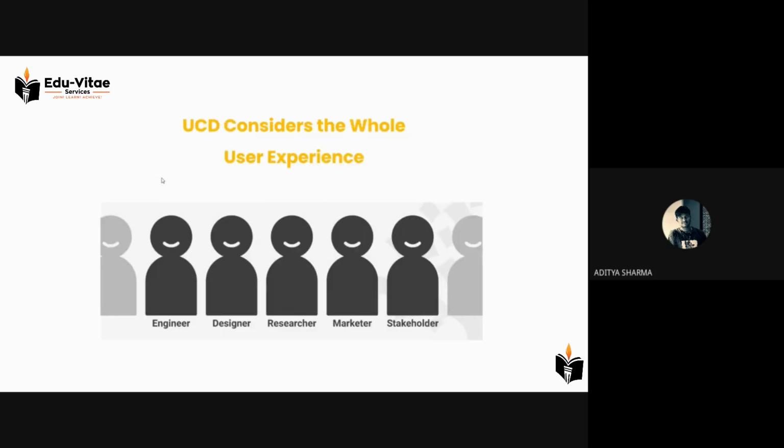Now with user-centered design, this is what actually happens at the organization side. You are not the only person in the company who is working, right? There will be engineers, researchers, marketers and stakeholders for whom you will be designing a product. Everyone will have their own thought process that they will put in front of you, and you will have to consider it.